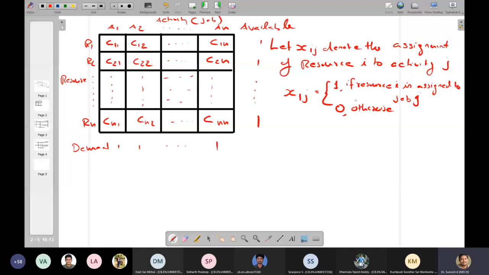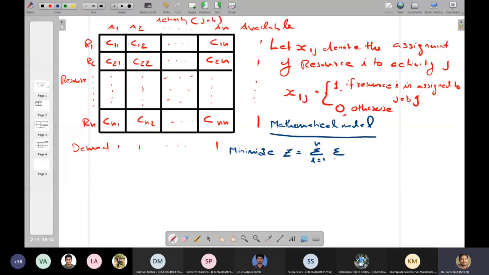So rest all row or rest all column values will be 0. So if I want to express the mathematical model for this, a minimization model: minimize z equals summation of i equals 1 to n and summation of j equals 1 to n Cij into Xij, subject to constraints.